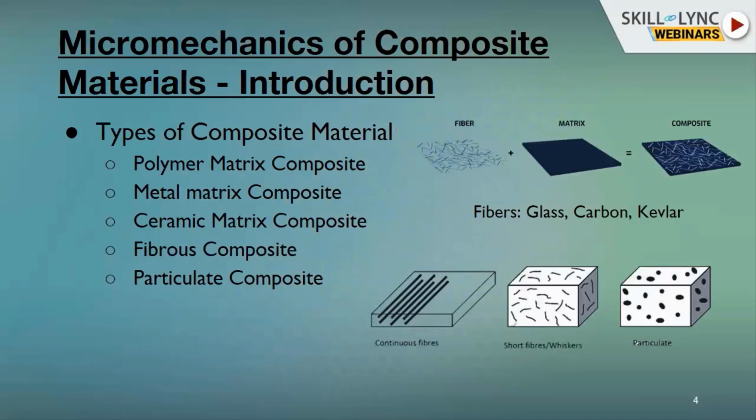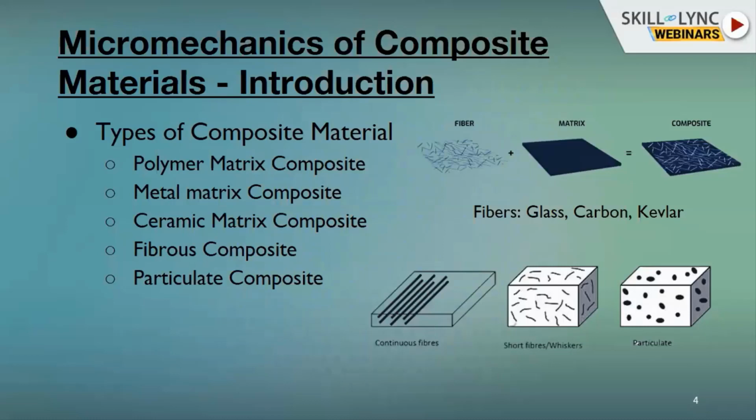So what are the different types of composite materials that are available? There are mainly three types of divisions: polymer matrix composites, metal matrix composites, and ceramic matrix composites. In polymer matrix composites, we have a polymer which forms the base matrix of the composite, and a reinforcement in terms of fibers or particulates.